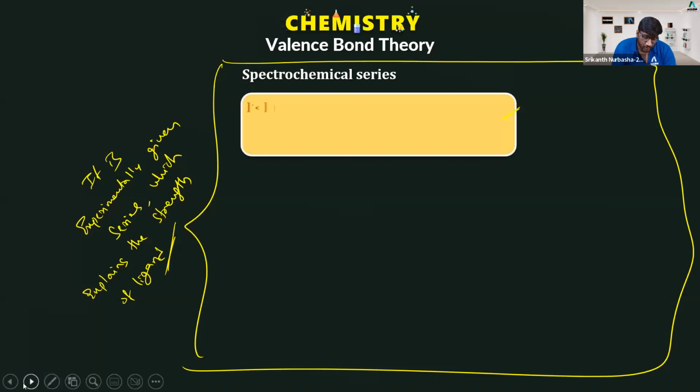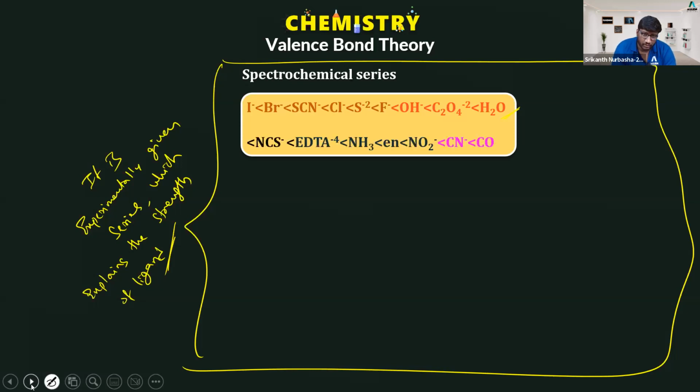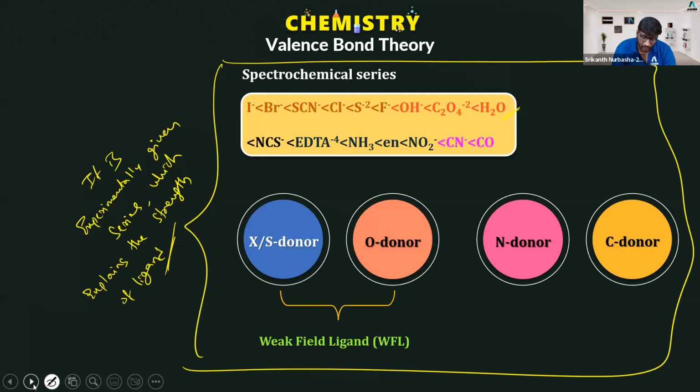Last class we were discussing the spectrochemical series. So this is the last point of our discussion. Earlier we have seen valence bond theory and Werner's theory.